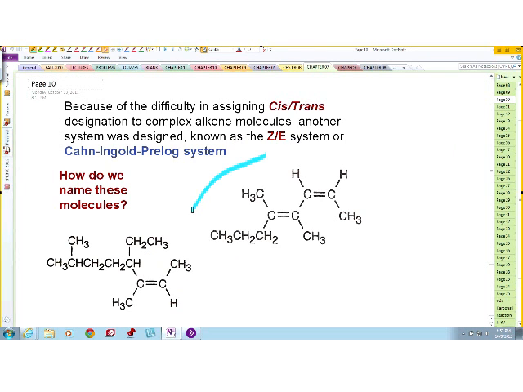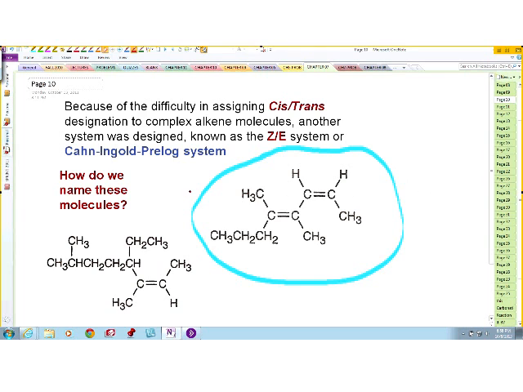Let us do this. Now that we have 2 double bonds in this molecule, let's do that. The first thing we need to do is to assign the longest carbon chain. The longest carbon chain, right? Now, what is the longest carbon chain?